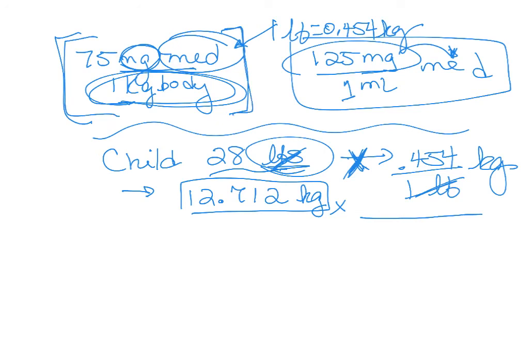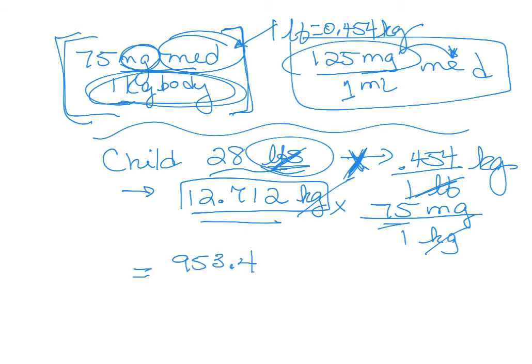Kilograms goes on the bottom, so 1 kilogram down here. 75 milligrams goes on the top. Kilograms cancel. Now we've got 12.712 times 75, and that gives us 953.4. We've got milligrams of medicine.